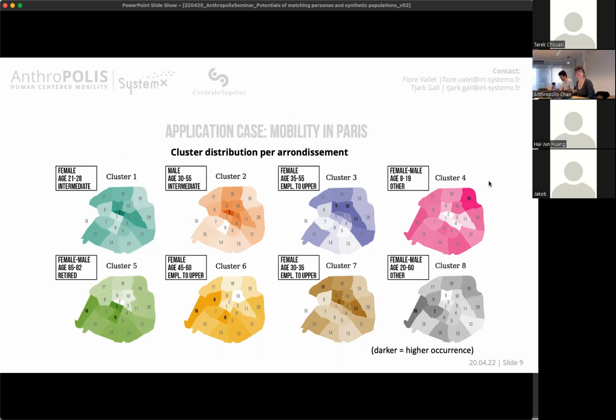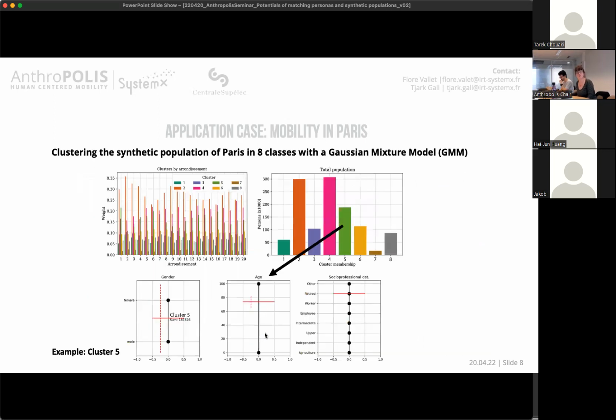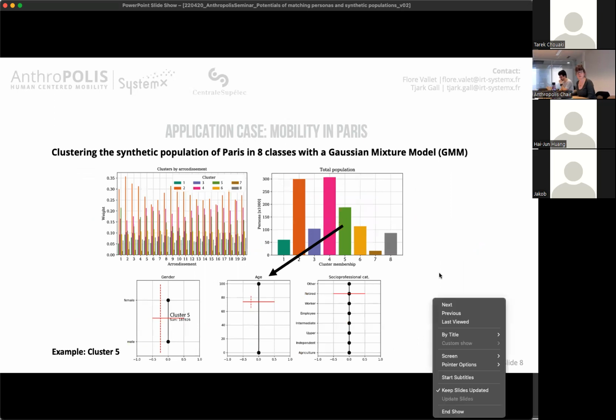You can, for example, notice that in cluster 4 the age is between 8 and 19, so these are the young people in this cluster. The colors indicate the darker occurrence, or the higher probability, of living in one area or another in Paris, from the center to the extreme, given by the arrondissement. You've got the numbers here, the districts in Paris from 1 to 20.